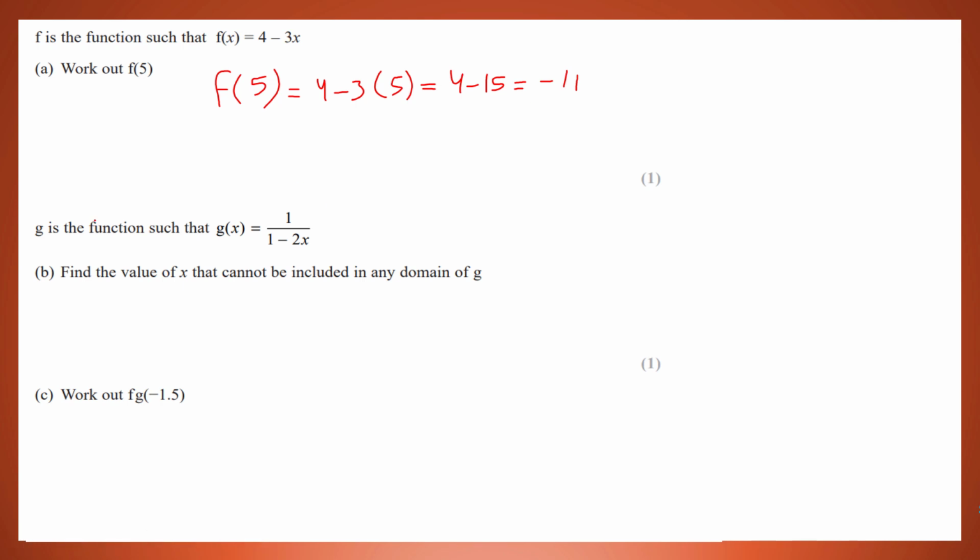And here it says g is the function such that g of x is 1 over 1 minus 2x. Find the value of x that cannot be included in any domain of g. Whenever you have a fractional function and you need to find the excluded points, not included in the domain, we need to exclude the values that make the denominator equal to 0.